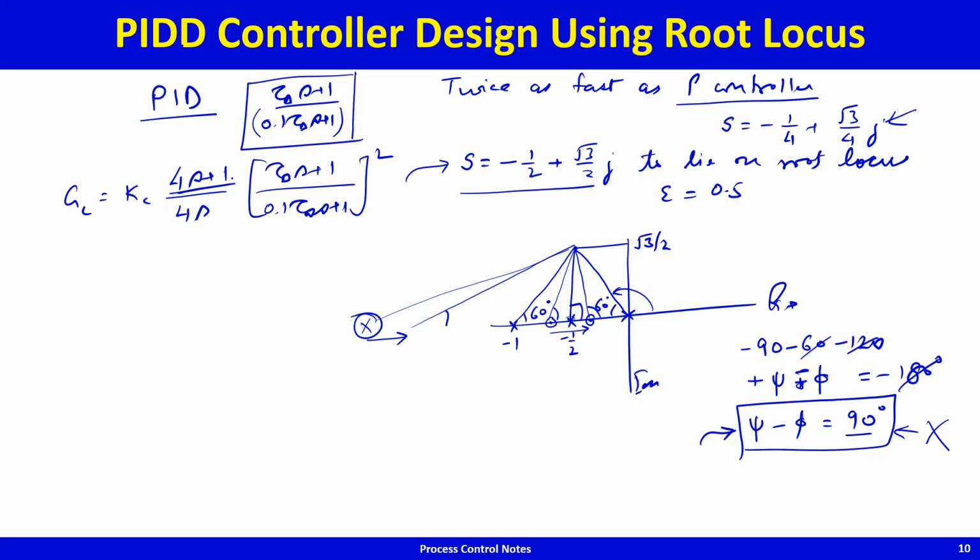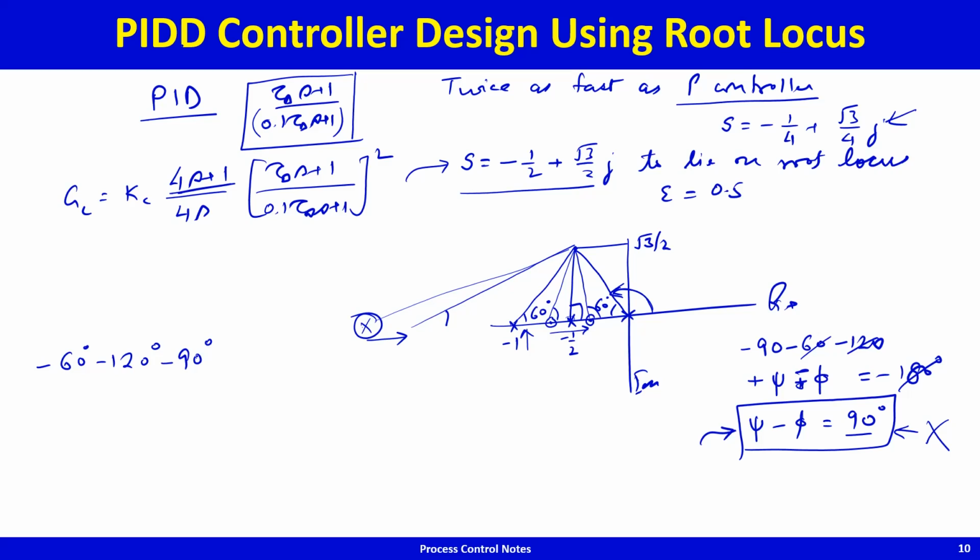So now the angle condition would be: this angle is 60 degrees, this angle is minus 120 degrees, so minus 60 minus 120. The one at minus half will put in an angle of minus 90 degrees.